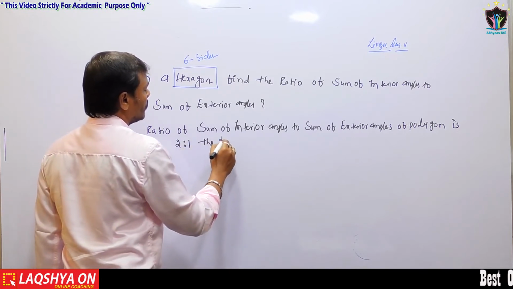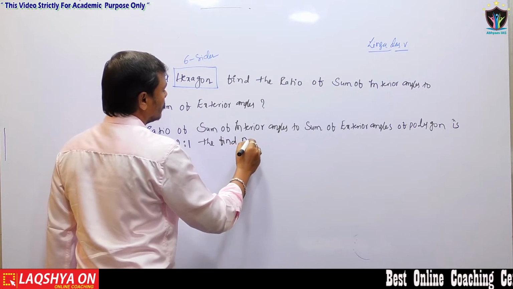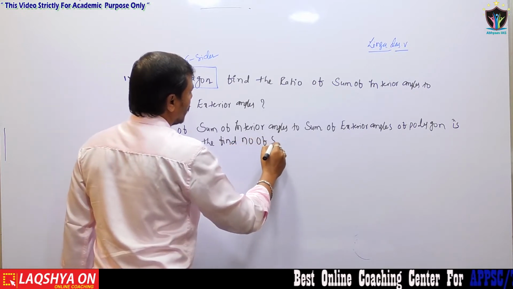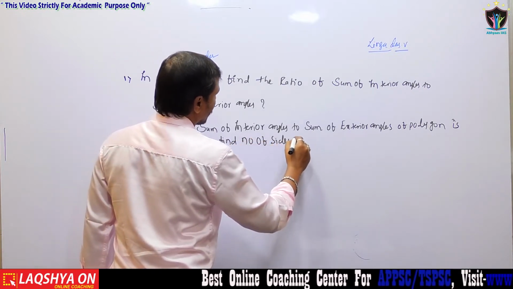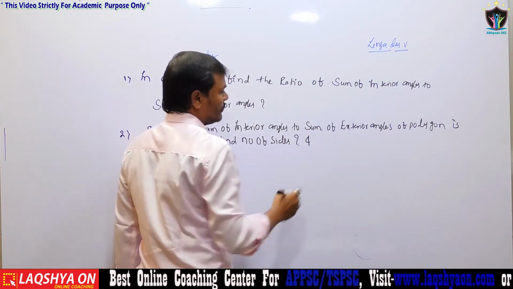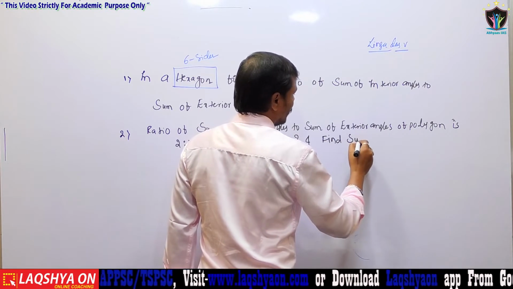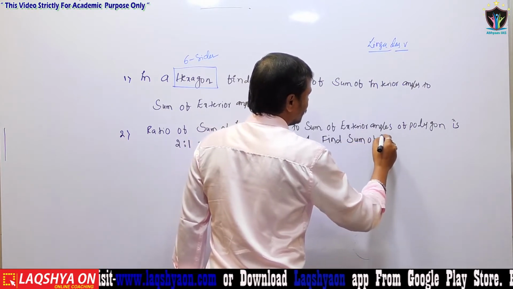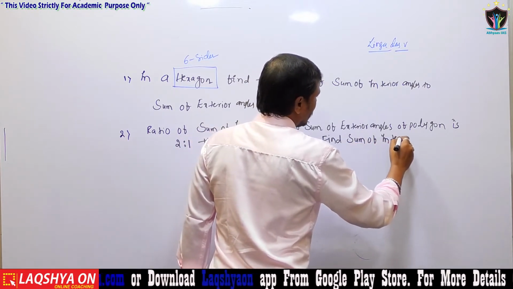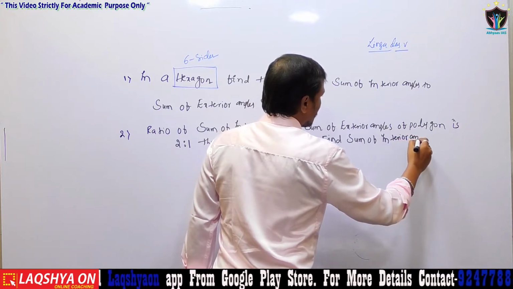Then find the number of sides. Find the sum of interior angles.